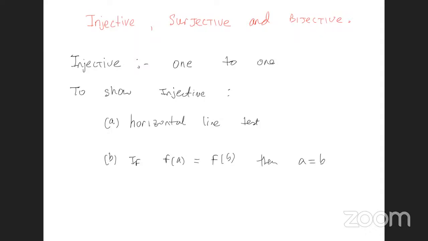The horizontal line test is the easiest, provided you can sketch it, and then we have the mathematical way.